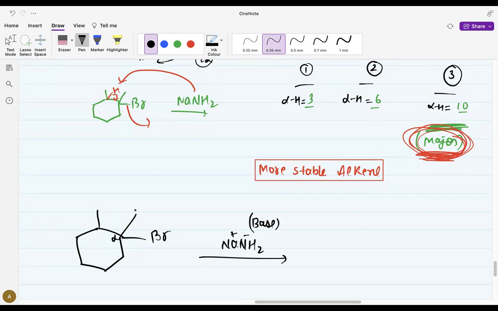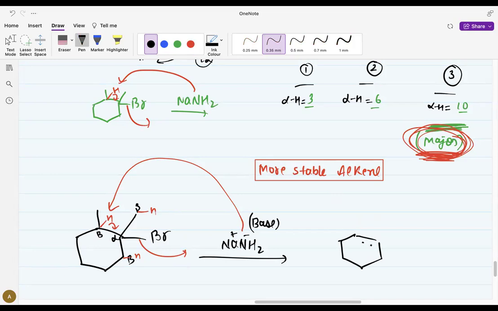This is alpha, this is beta, this is beta, and this is beta. So which hydrogen will it take? It has this possibility, this possibility, this possibility. So it will go and take this hydrogen, make a double bond and remove the Br. So our product will be made here, right? So this is our major product. Done. Complete this beta. Write this. I'm giving you 2 minutes.